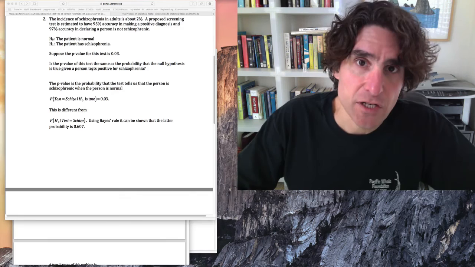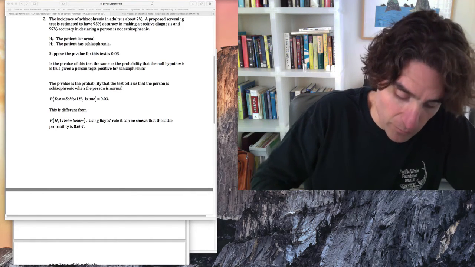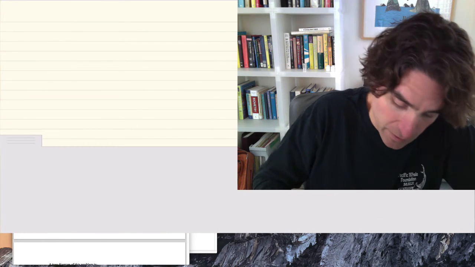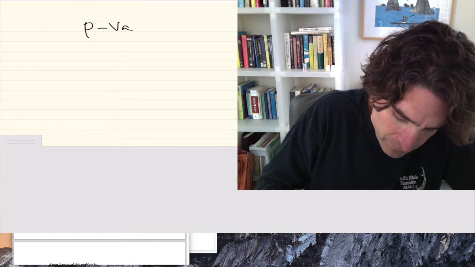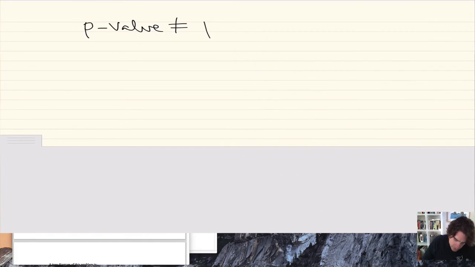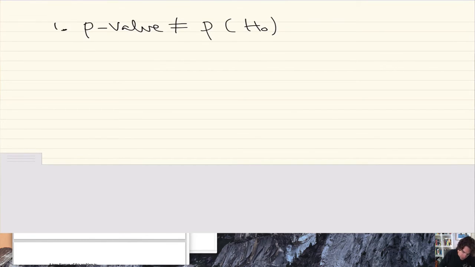the interpretation of a p-value is not the probability of the null hypothesis being true. So the p-value is not equal to the probability of the null hypothesis. That's point number 1. In fact, what is the p-value equal to? It's equal to the probability that we would obtain data as extreme or more extreme under the assumption that the null hypothesis is true.